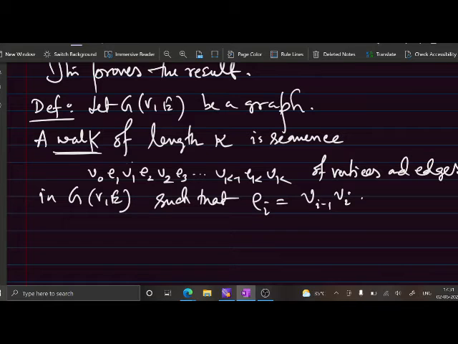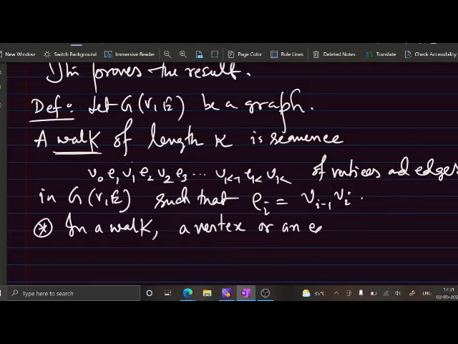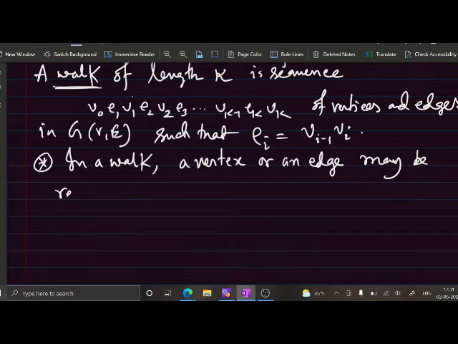It should be noted that in a walk, a vertex may be repeated, an edge may be repeated, any number of times.